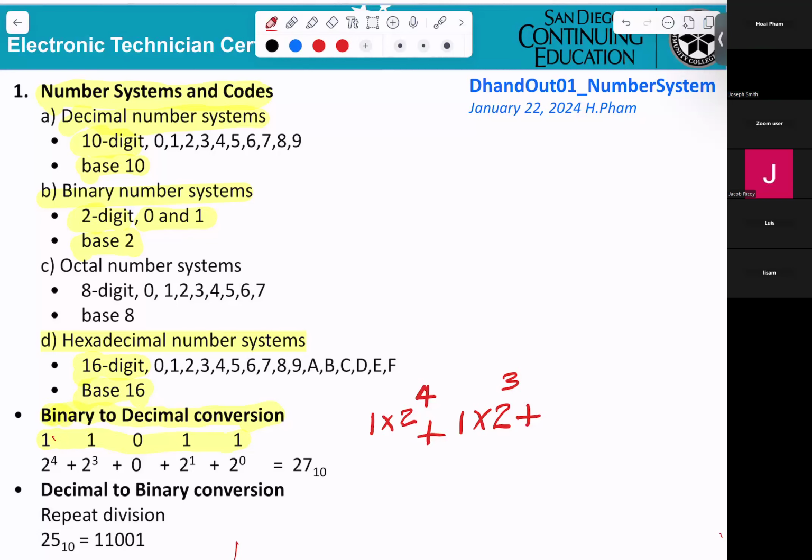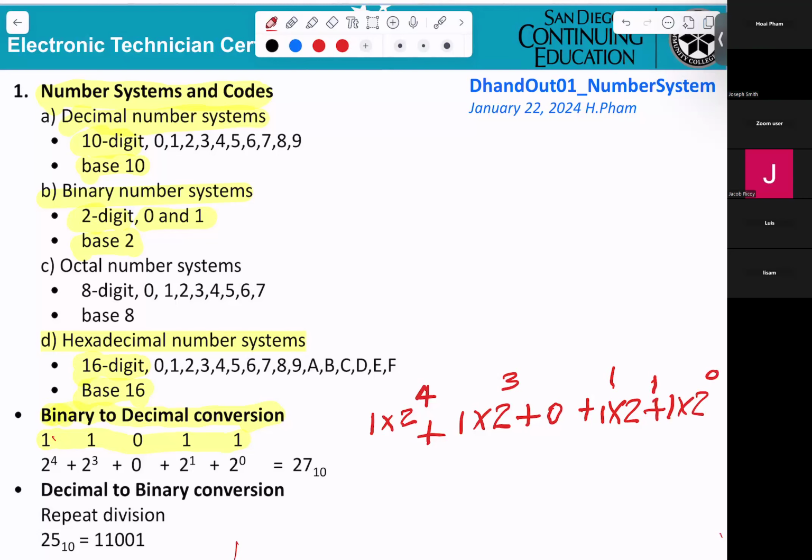And you add 0. Okay, 0 we don't care. And you add the next one, 1 times 2 power of 1. Last one, 1, 2 power 0.